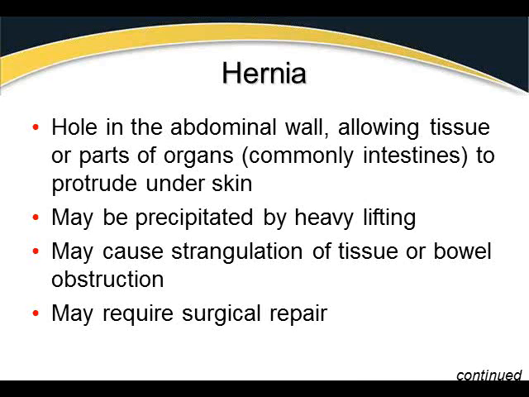A lot of that could actually be reduced by a doctor and poked back through there. But in many cases, these people need something done to keep it from happening again, because if those abdominal muscles then start to tense up around that, they start to strangulate it, and it loses its blood supply. So this can be precipitated by heavy lifting, can cause that strangulation, and in many cases requires some sort of surgical repair.